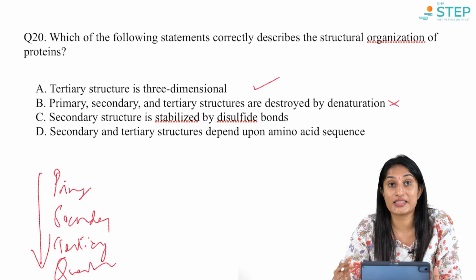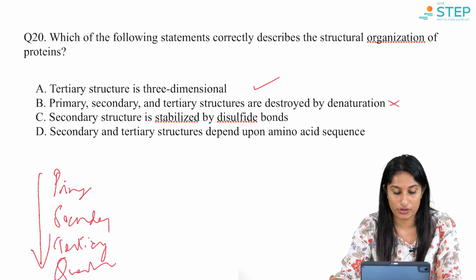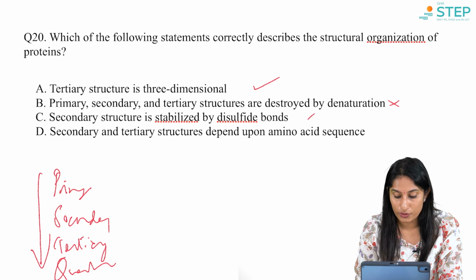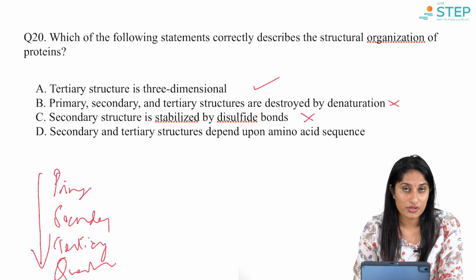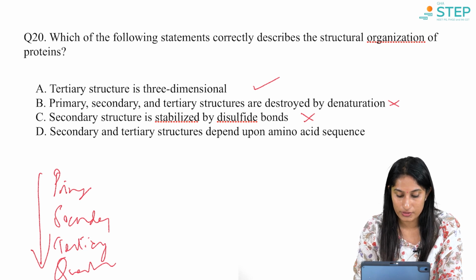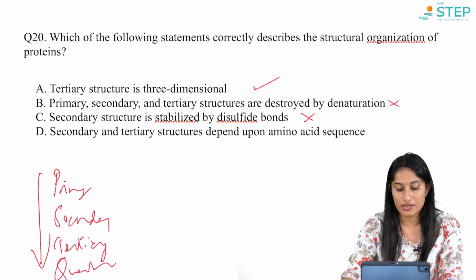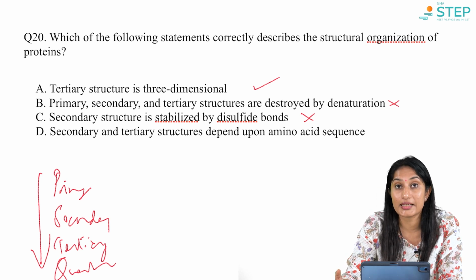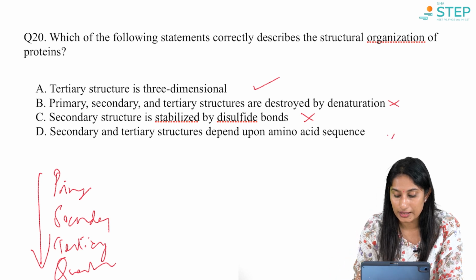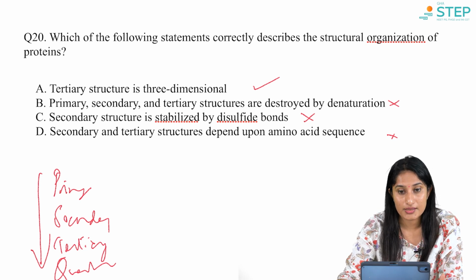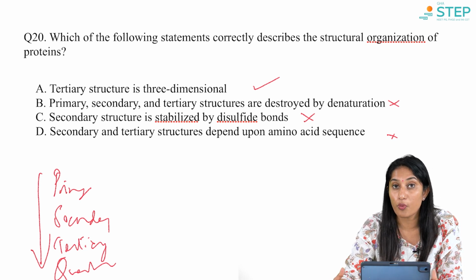The primary structure is retained in denaturation. Secondary structure is stabilized by disulfide bonds. No, secondary structure is stabilized by hydrogen bonds. Tertiary structure is stabilized by disulfide bonds. Secondary and tertiary structures depend upon amino acid sequence. Partly correct, but fully incorrect because it doesn't depend completely on the amino acid sequence, it depends on the bonds as well.